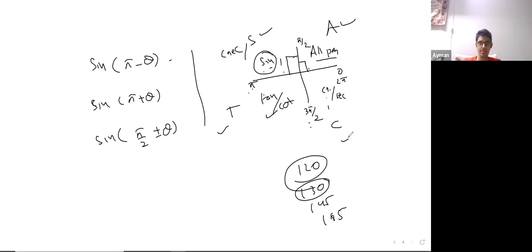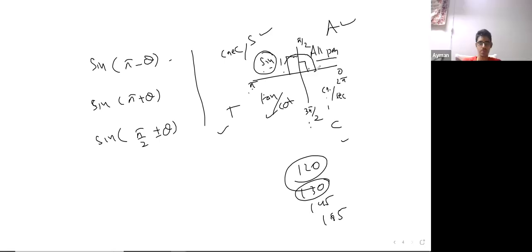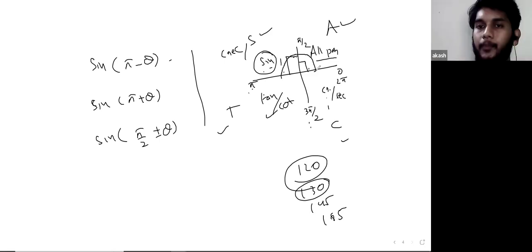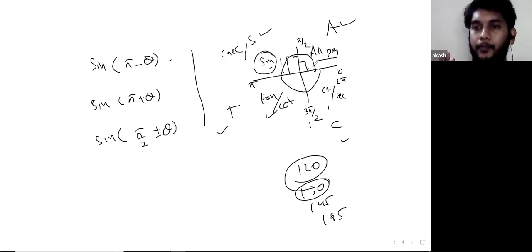So tan and cos will be positive or negative? See, we have divided this into four quadrants: 0 to 90, if you are moving like this the angle will be 0 to 90, this angle will be from 90 to 180, 180 to 270, then 360. So we have divided all the angles into four categories.